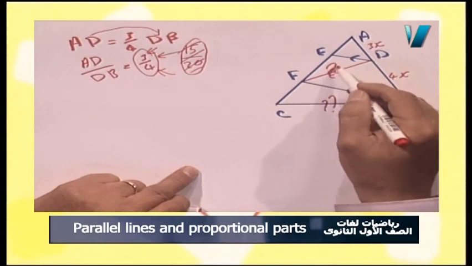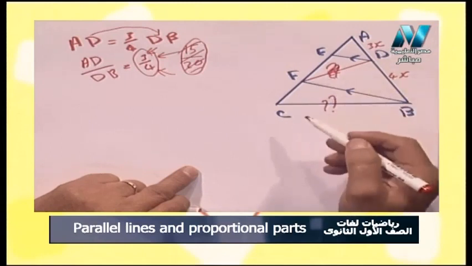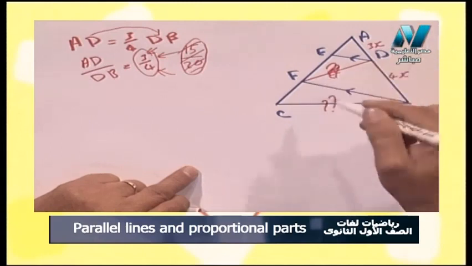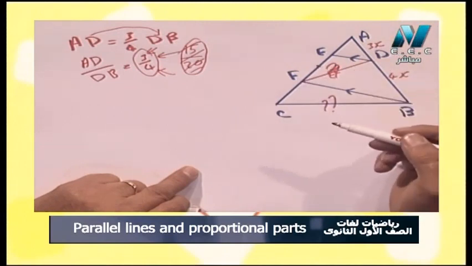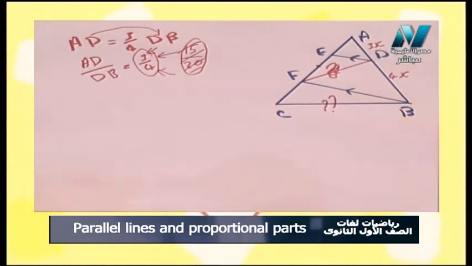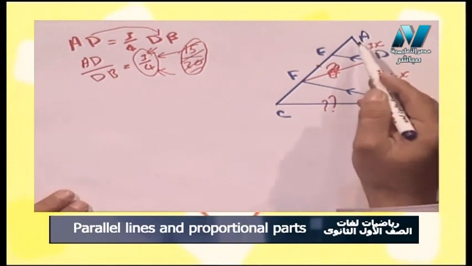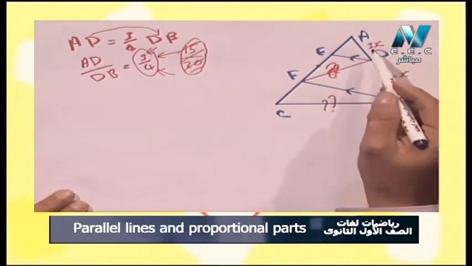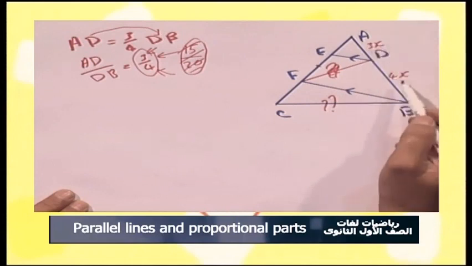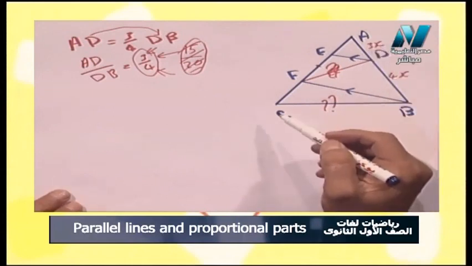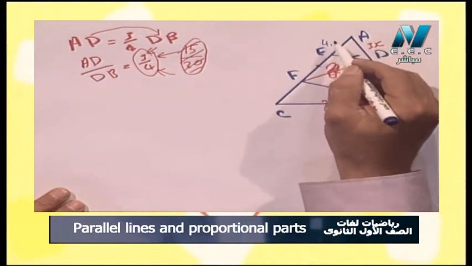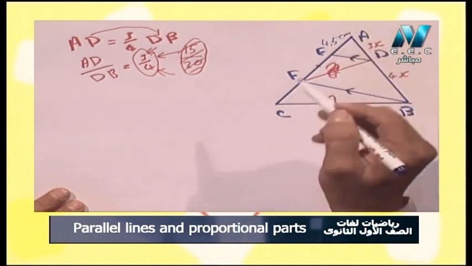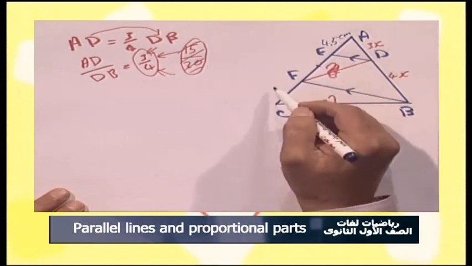I know that now they are not parallel, in fact, but we can prove them, so we can put F at this point as an example. Okay, let's go on to the solution. We have here AD to DB 3 to 4, so we can say 3x and 4x. And we have AE equal 4.5 centimeters and FC equals 14 centimeters.